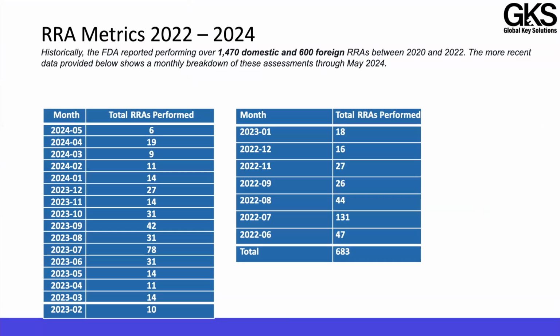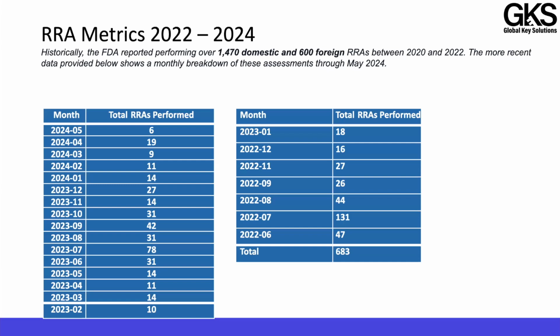So here are some metrics that we were able to obtain. Look at the total number of RRAs, 683. So the FDA is taking this process seriously. And one thing that we all need to understand is that as the FDA gets more and more comfortable with these regulatory assessments, the more they're going to use them, and the better they're going to get at it.